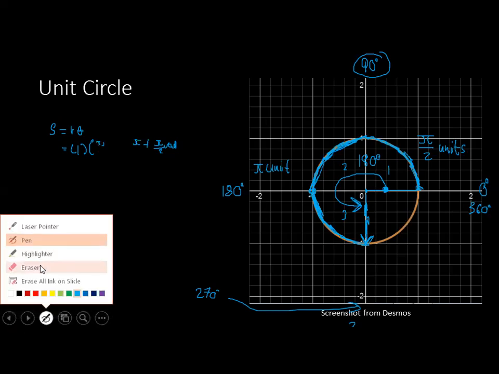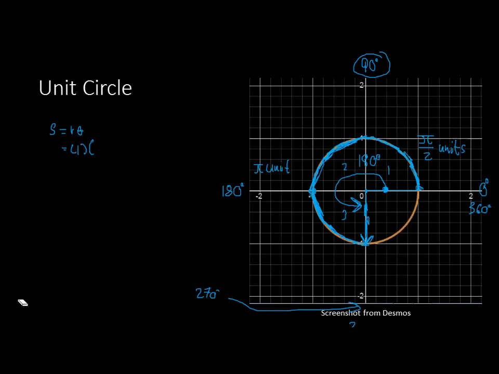Wait, let me erase this one. This is 3 pi all over 2 radians. So if you multiply them, you will have 3 pi all over 2 units. So that's how long your arc length is if you rotate up to 270 degrees.